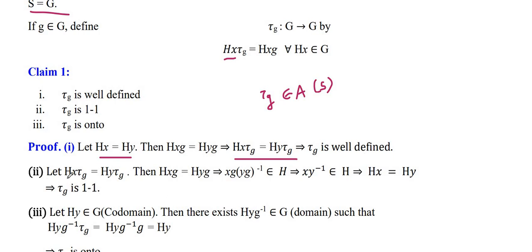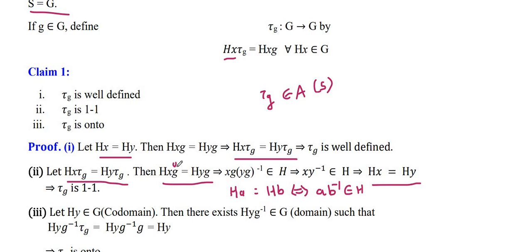Now for 1 to 1, we'll assume the images to be equal and prove that the pre-images are equal. So once we have this, then by the definition of tau_g, you have this step, and this in turn implies, we know that Ha equals Hb if and only if ab inverse belongs to H. This is a result already established in one of the videos. So you have this result here that we use to prove the pre-images are equal. So you have this to be Hxg equals Hyg.